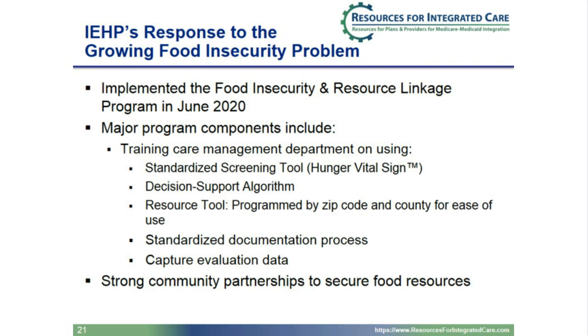So not just the one person in the household, but looking at the whole family. In addition, a resource tool was programmed for our care management staff to make it easier for them to find resources quickly for our members.